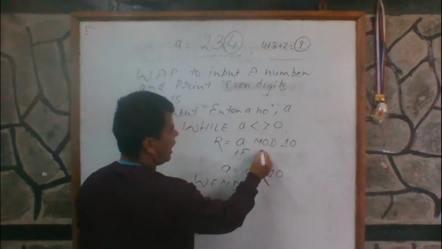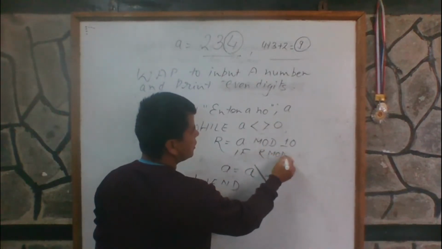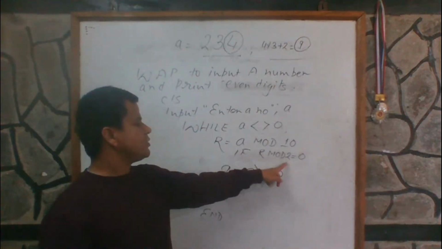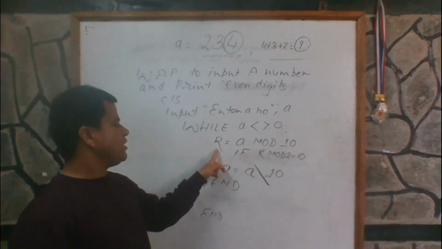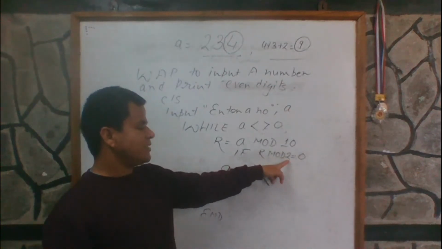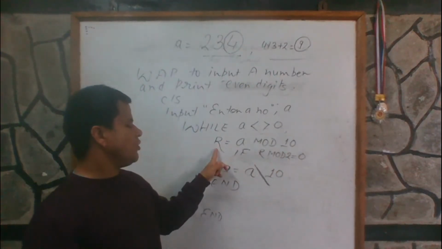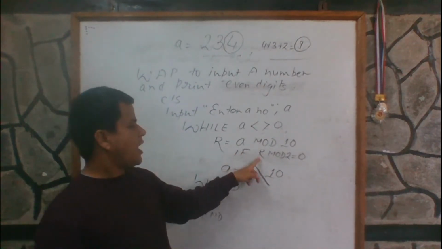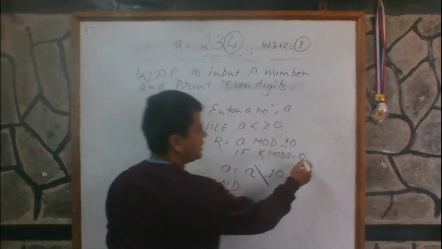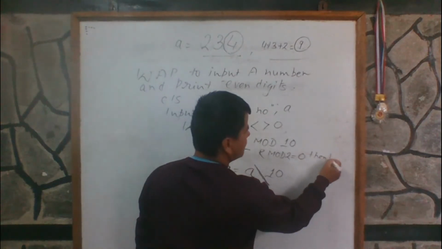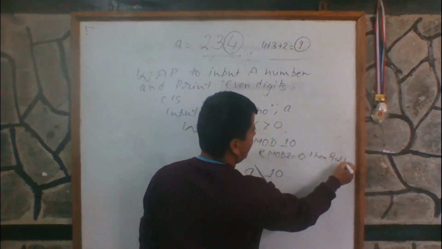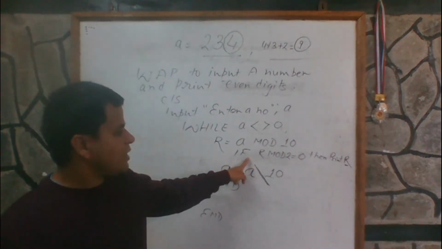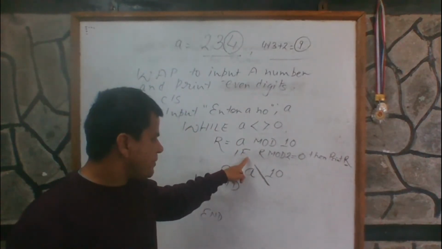If r mod 2 is equal to 0, भनेको, if the value of r is divided by 2, that means that value of r is even. Here you have to check r mod 2 equal to 0, then you have to print r, and this r is the even digits. Here you have to add one line only. No need to write print r directly.